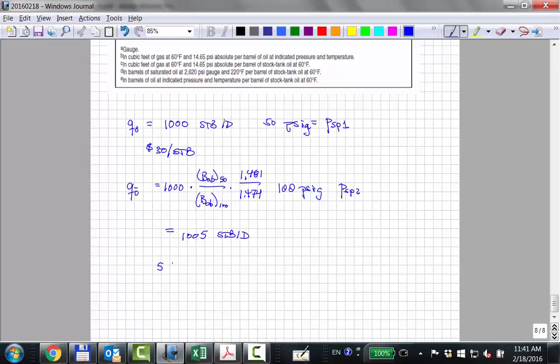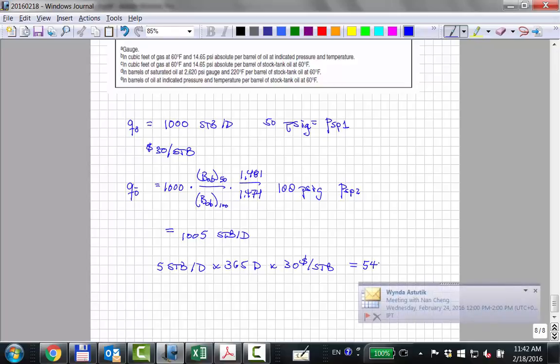Okay, 5 stock tank barrels per day times 365 days, times $30 per barrel. How much is that? 54,750. Okay? What the hell is going on here?